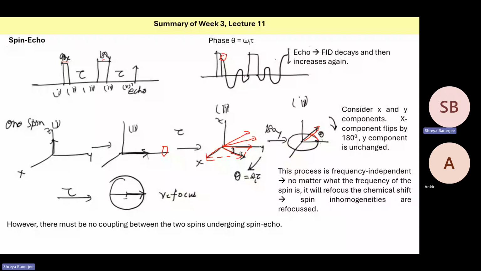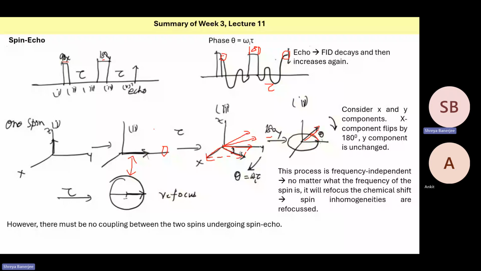But after the 180y, you are flipping the signal and allowing it to again come back. After the 180y, you give it a time of tau and again the signal will reach maximum because it is again coming back to the same orientation. So that is why you're calling it an echo, because the signal is a maximum.